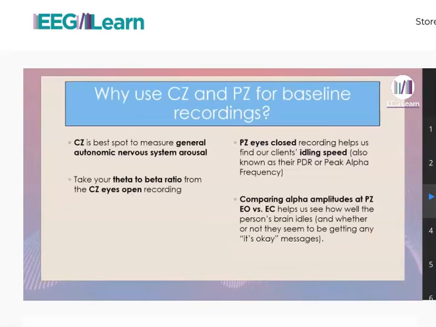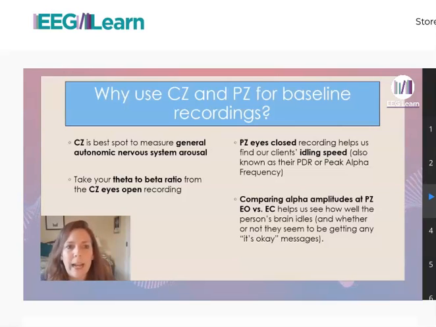Okay. So why do we bother doing these mini maps at these particular sites? I always like people to have a rationale for why we're doing what we're doing. So it turns out that CZ just happens to be the best spot to measure general autonomic nervous system arousal.